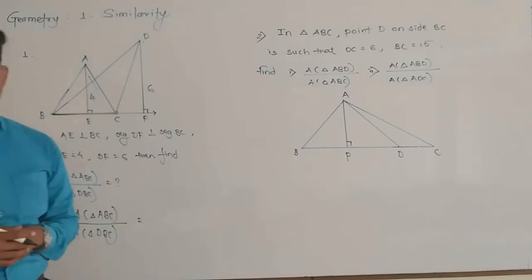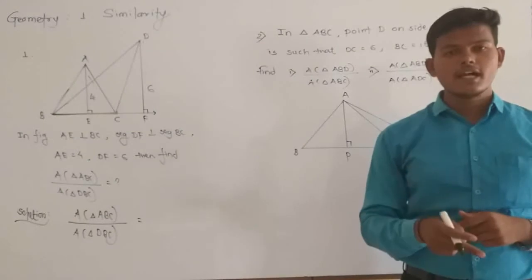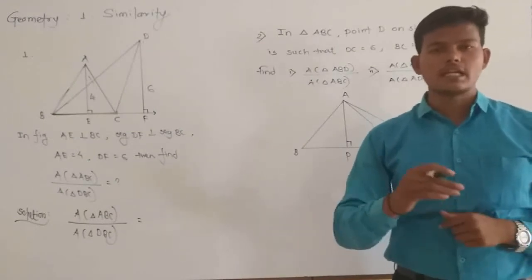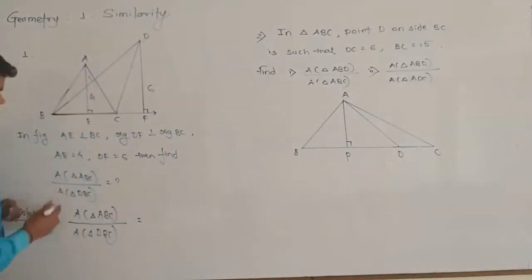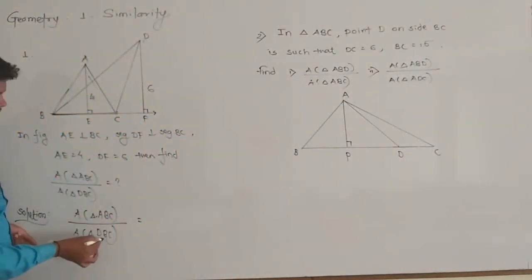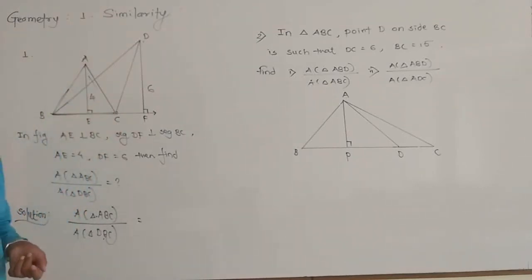If two triangles have equal bases, then their area is proportional to their corresponding heights, right? Why? Because triangle ABC and triangle DBC have equal bases, and if two triangles have equal bases, then their area is proportional to their corresponding heights.